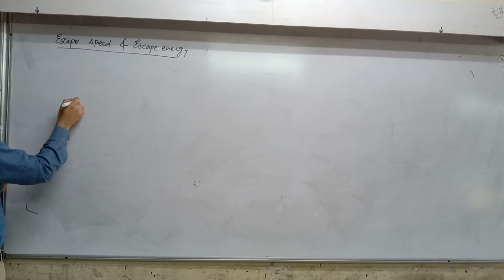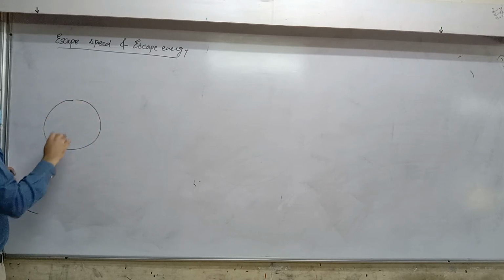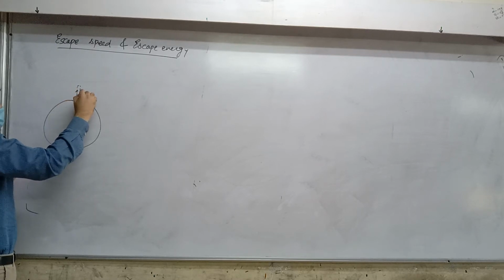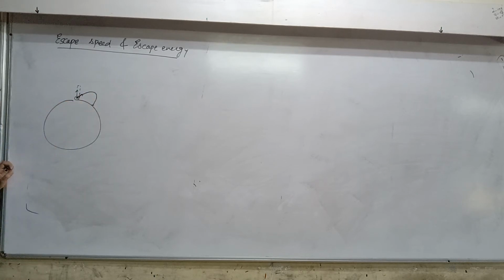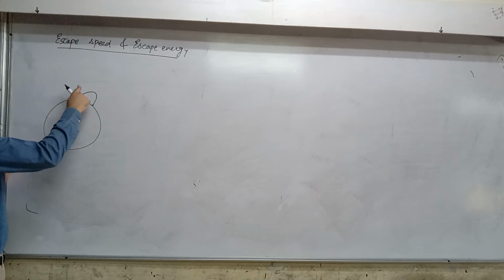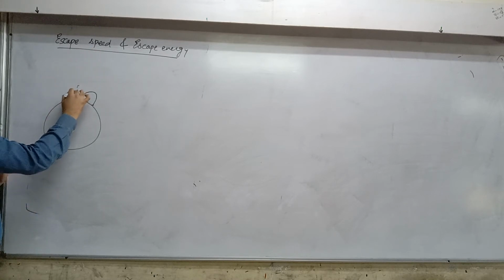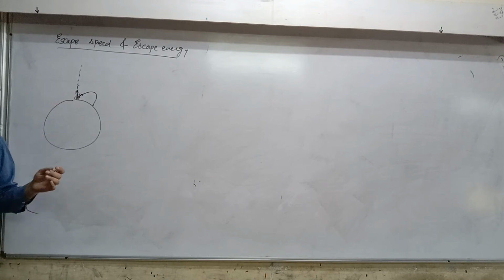Okay, so suppose here's the earth. Let's say we throw a ball straight up. What's going to happen? It will go high and then it will fall down. Suppose you throw it at an angle. It will fall down like this. But can you imagine, suppose we make a device or a machine that would throw it very fast, so fast that it never comes back.